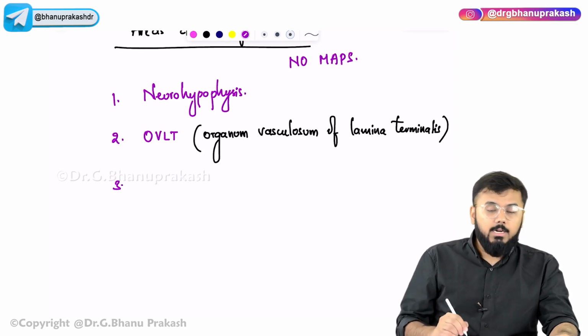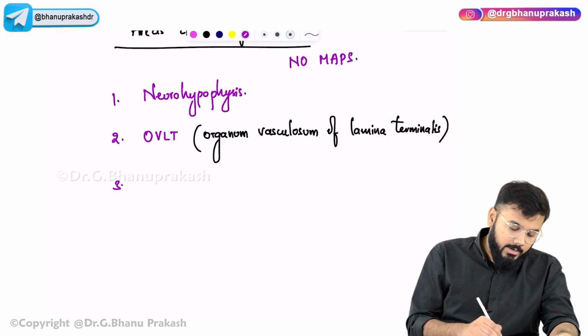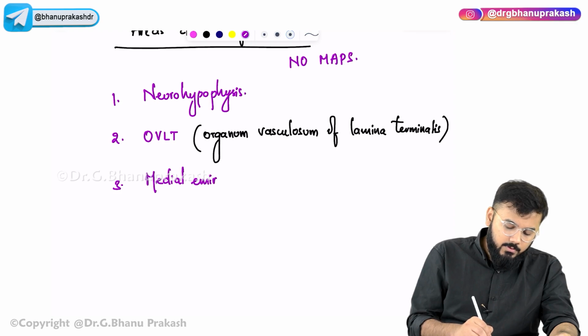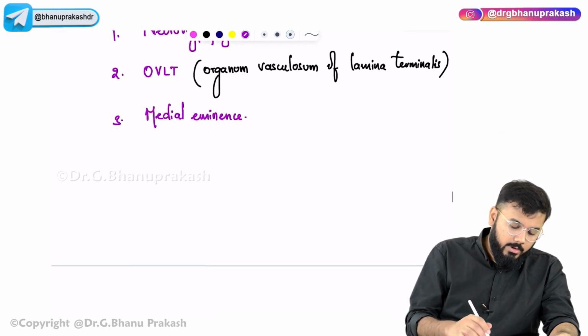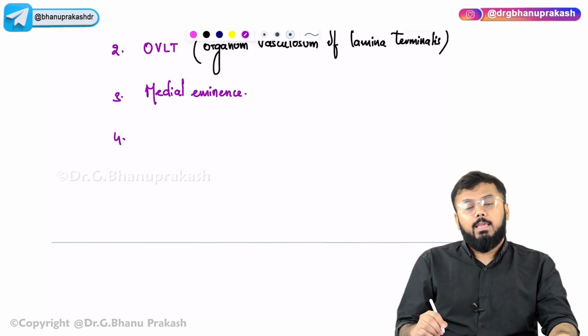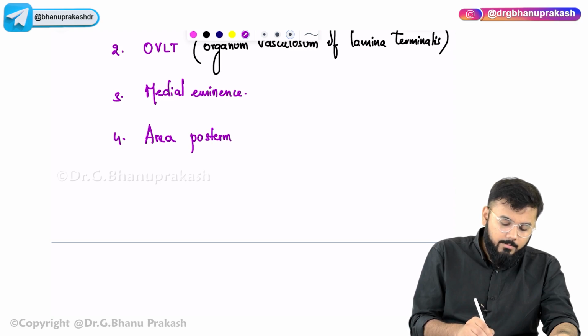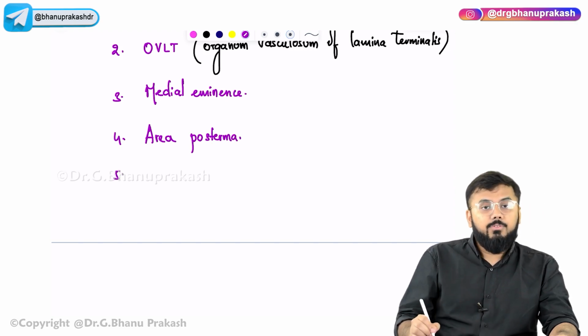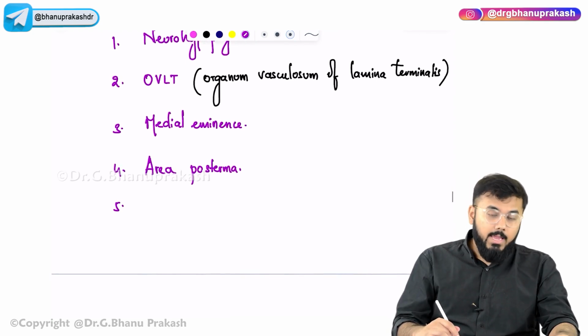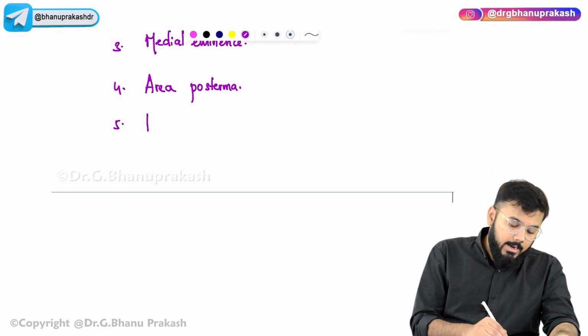What is the third important thing? M stands for medial eminence. Next, A stands for area postrema. Next, P stands for pineal gland.